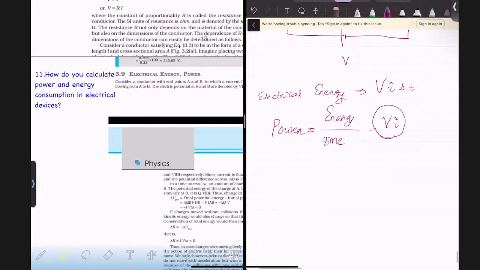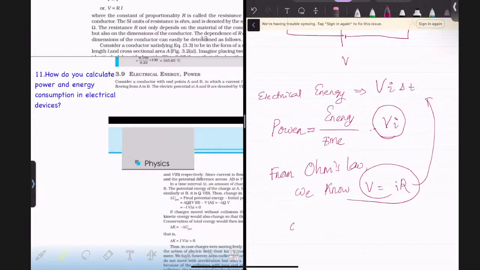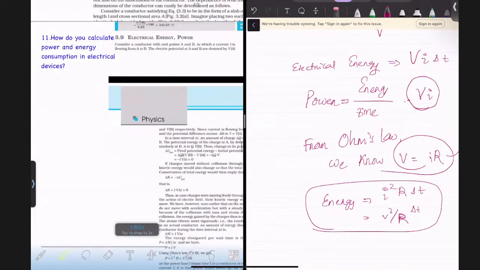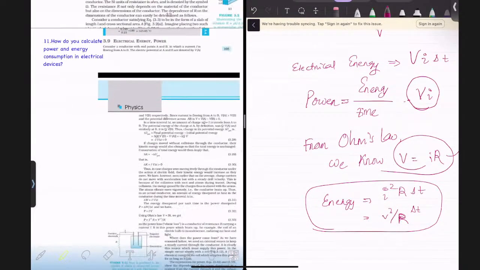And from Ohm's law we know V is equal to IR. So we can put this formula here and get energy equal to I square R T. There is one more formula, V square by R into T. If you put these into the formulas, you can get the answer. So this was electrical energy and power.